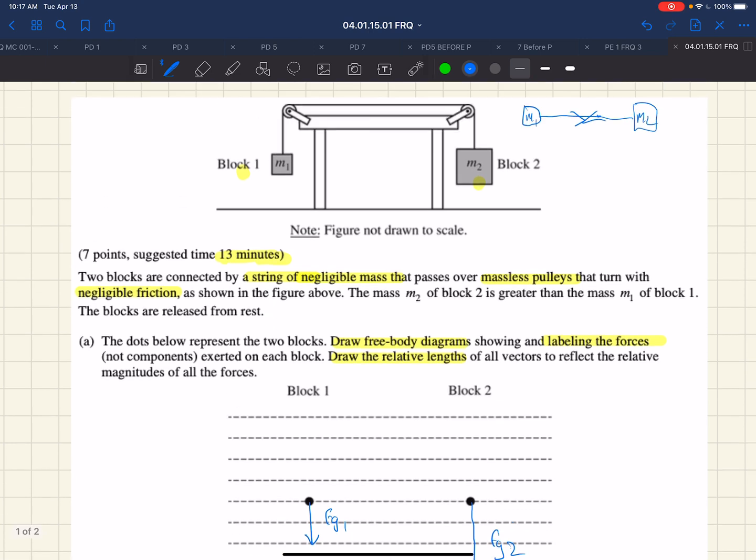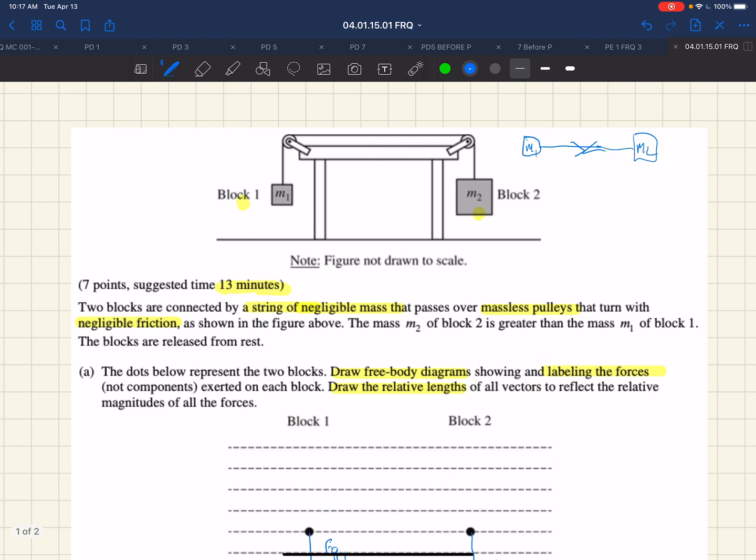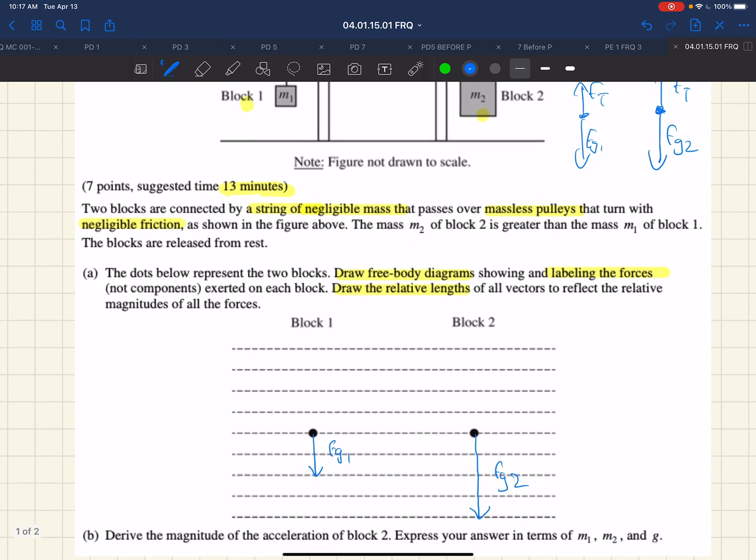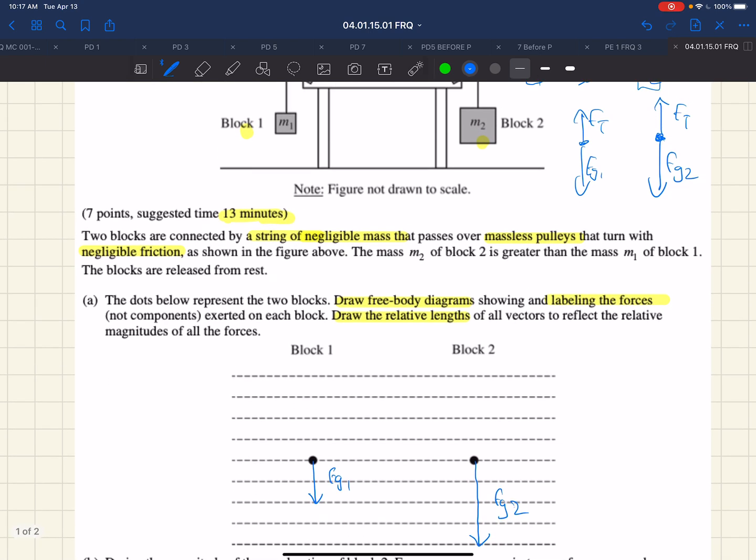Now, if we draw each of these blocks independently, here's FG2, but there's also tension, force of tension. And FG1, there is a force of tension. So we must draw forces of tension in the opposite direction. The question is, how do they relate to each other in size?